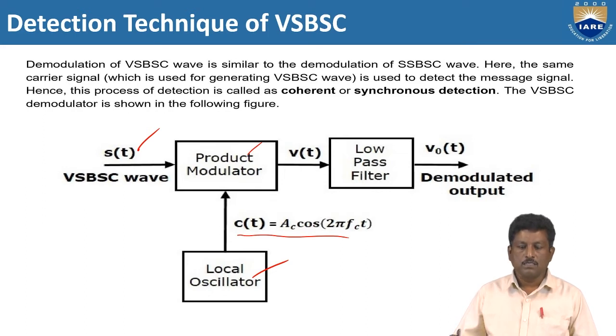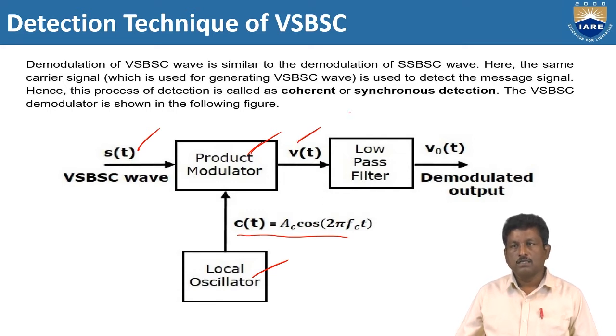So the product modulator gets two input signals: one is the received signal S of t, another is the carrier signal generated by the local oscillator. The output of the product modulator is the product of S of t and C of t, indicated by V of t.